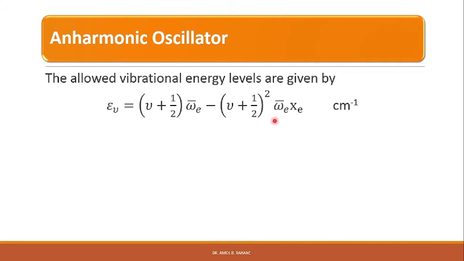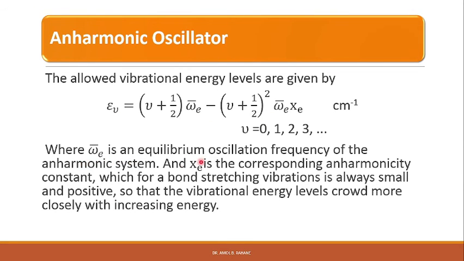This term is the unharmonic term which is added to the energy, where omega E bar is the equilibrium oscillation frequency of the unharmonic system, and Xc is the corresponding unharmonicity constant, which for bond stretching vibrations is always small and positive, so that the vibrational energy levels crowd more closely with increasing energy.